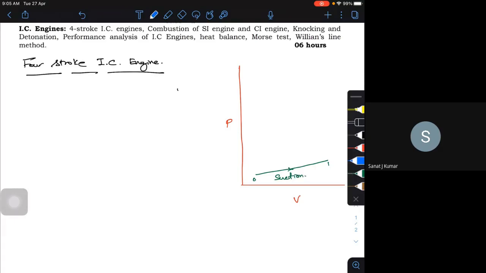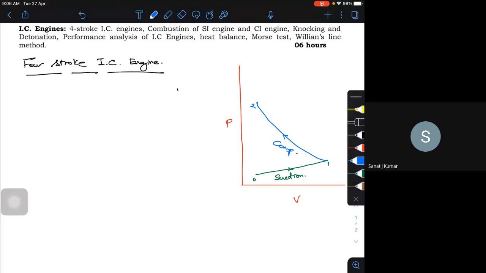Then what will happen? I need to compress it to a particular pressure. From point 1, I will go to a particular point. This is my compression process. Usually this will be an isentropic process. Once the compression process has happened, I need to burn the fuel.